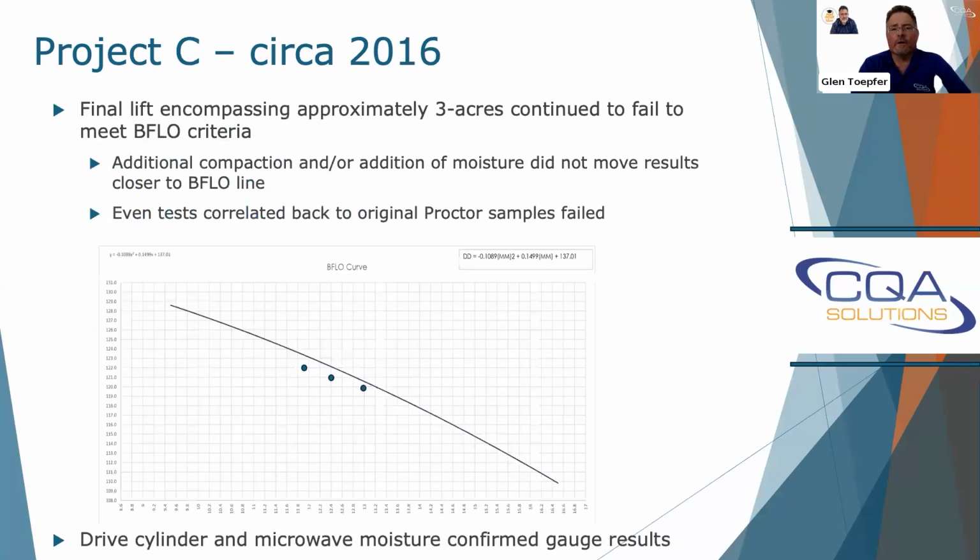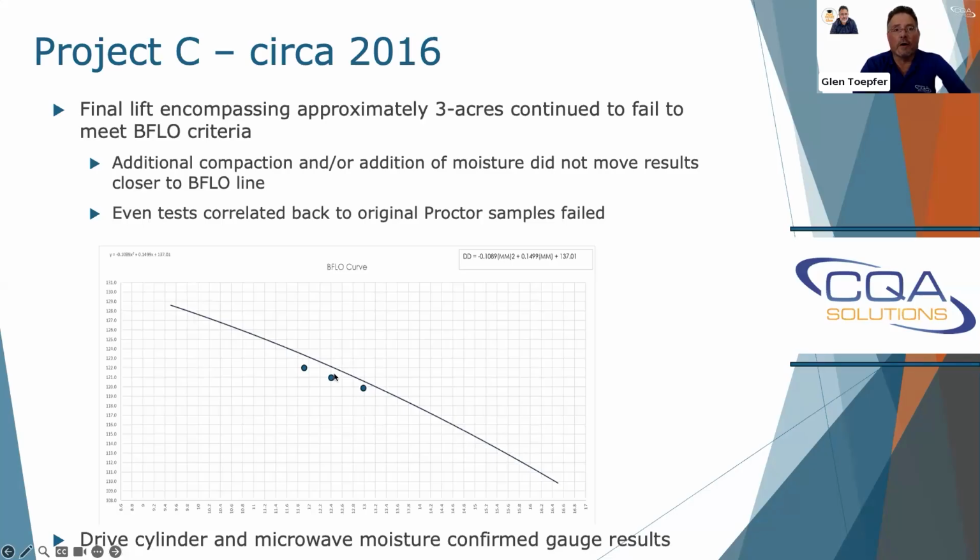Third project, move ahead to 2016. This was one where we had 3 acres. Final lift was placed, and we were using the best fit line of optimum curve, and the test continued to fail. No matter what you did, they'd always fall below the best fit line of optimum acceptability. Test had to be above the line to pass, below the zero air voids curve, which isn't shown here, to pass.